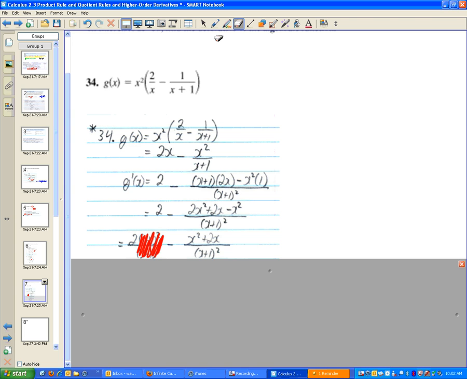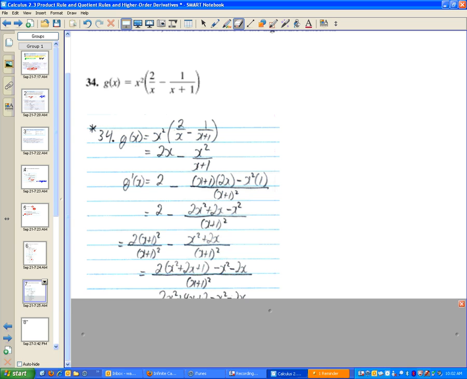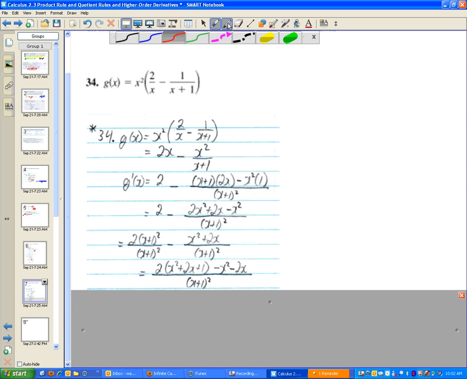How do we make equivalent fractions? Multiply by the denominator you want over itself, right? So we multiply by x plus 1 quantity squared over x plus 1 quantity squared. So we know what the denominator is going to be. It's x plus 1 quantity squared.